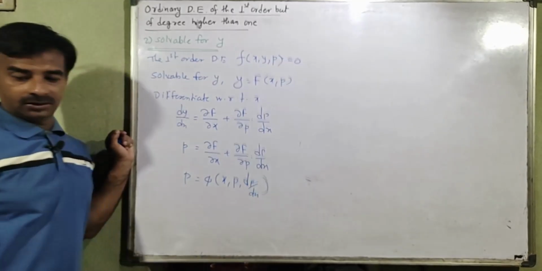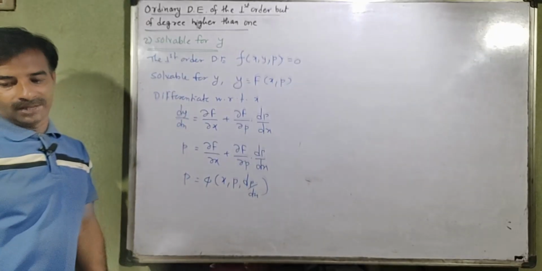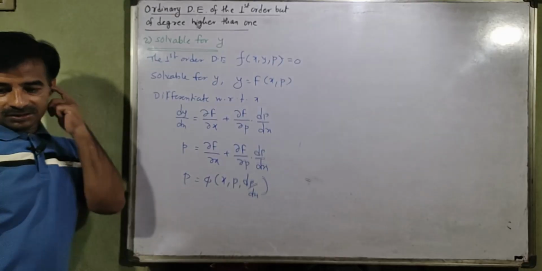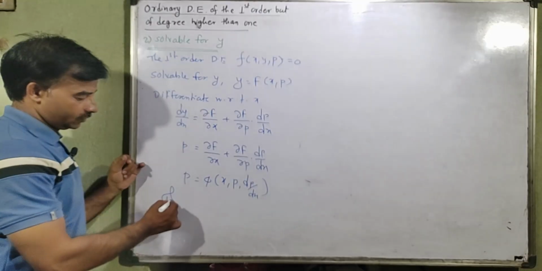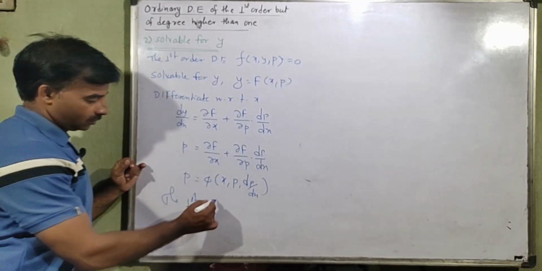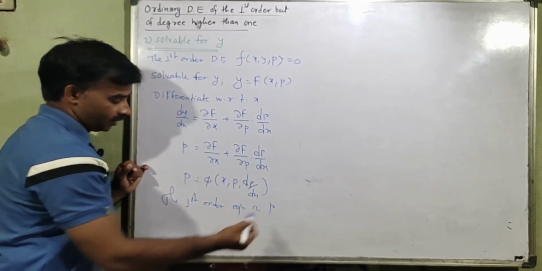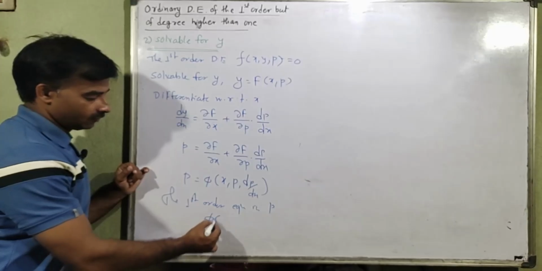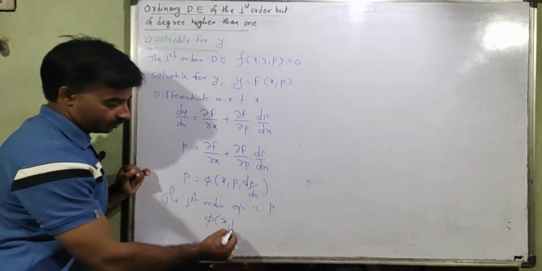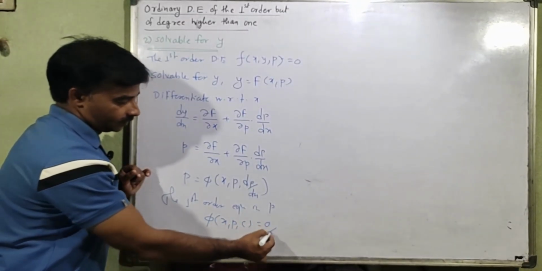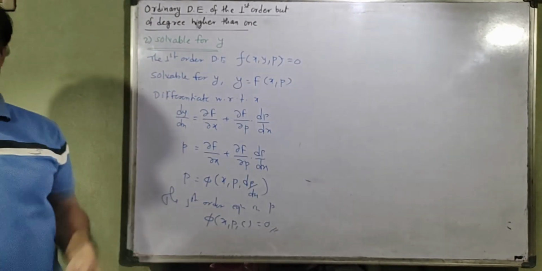That means p is a function of x, p and dp by dx, and this is the first order equation in p. After solving, you will get phi of x comma p comma c is equal to 0, and this is your final solution of that differential equation.